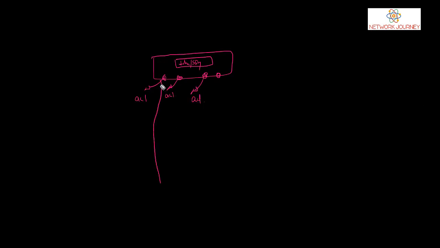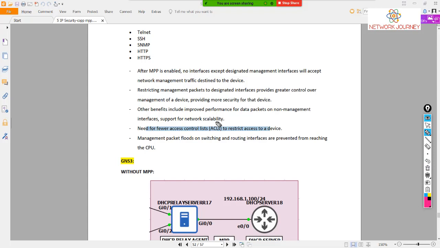Now, even if some attacker does a telnet on this interface, there is one more disadvantage of ACL: it's again gonna spend a certain percentage of CPU to make sure whether the packet is a genuine packet or not. So ACL is not a good point from the DDoS or DoS attack perspective. So you are gonna get an advantage over ACL with the help of MPP. Management packet floods on switching and routing interfaces are prevented from reaching the CPU.